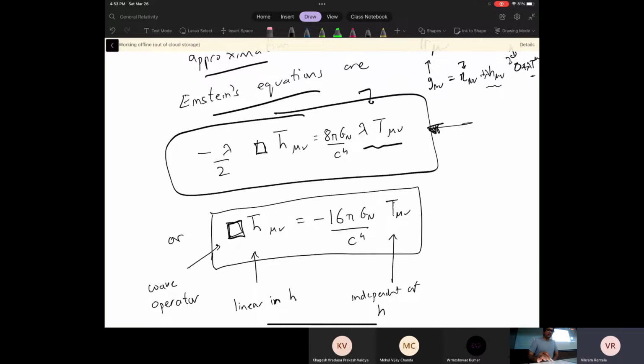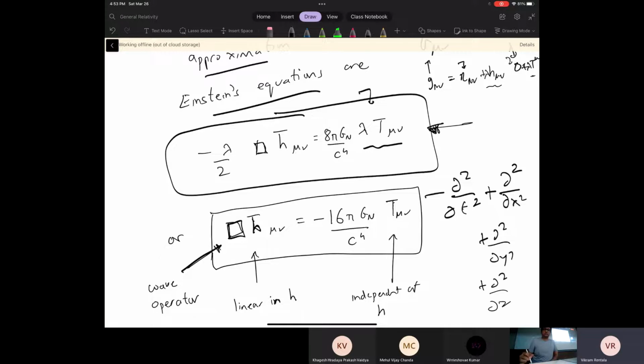It's box acting on h bar mu nu. This is the wave operator, which is partial squared partial t squared, and in our metric convention, partial squared partial x squared, partial squared partial y squared, plus partial squared partial z squared. Could not be any simpler, right? It's just a wave equation.